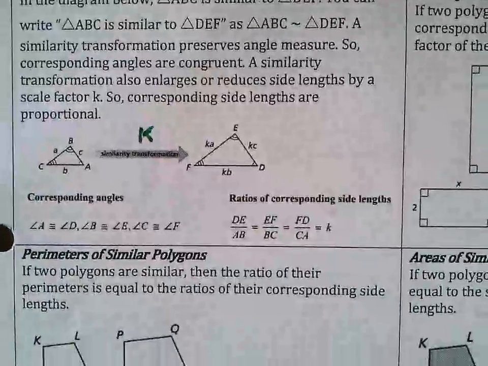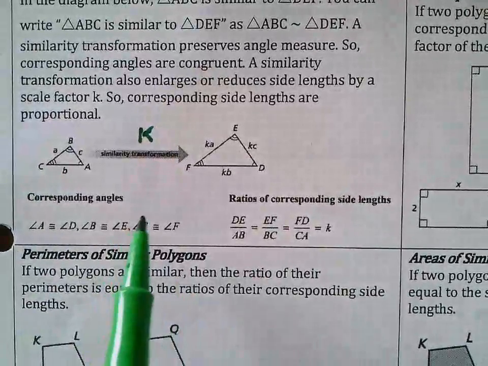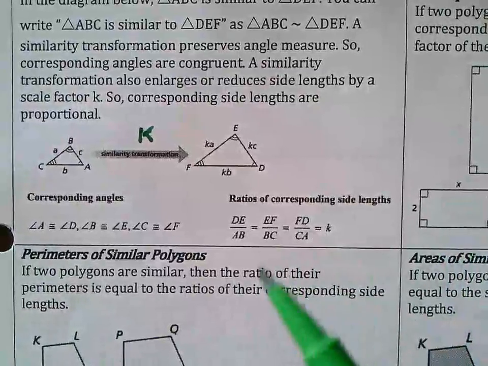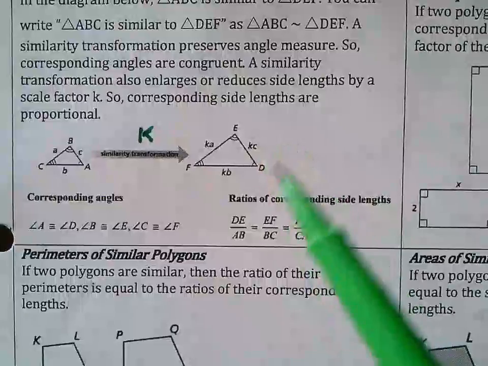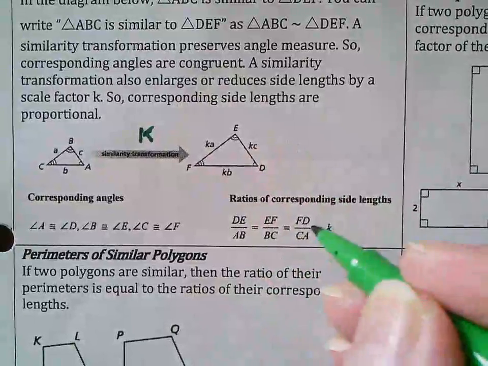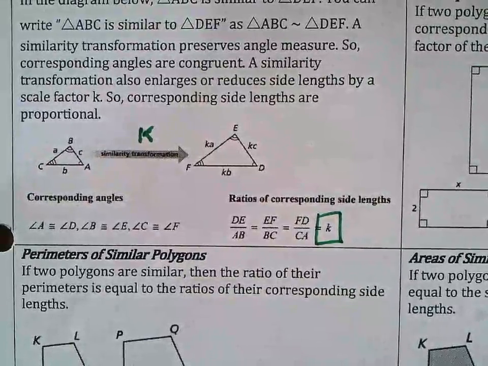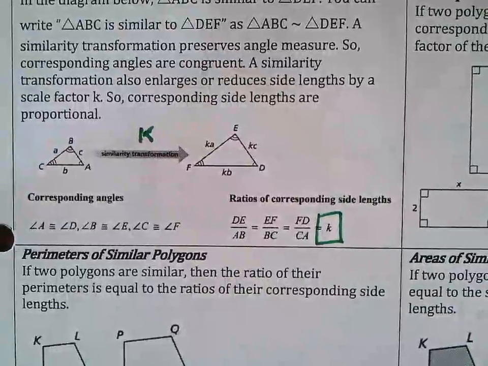So the angles are all equal, congruent, equal in measurement, but the sides are a ratio or a factor of K. Ratio just means a comparison between two numbers. In this case, we're comparing the two sides.